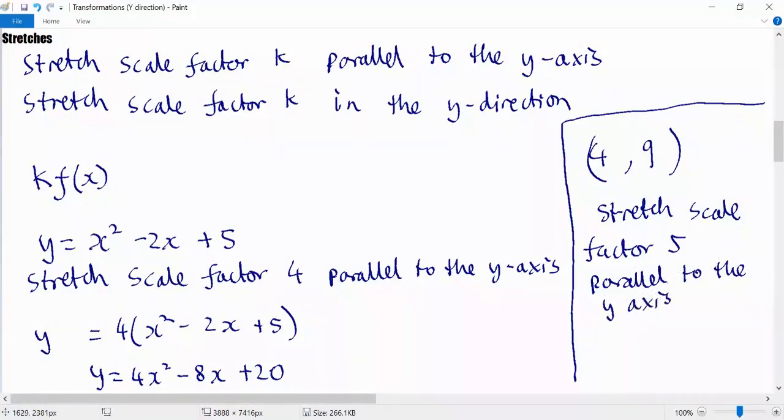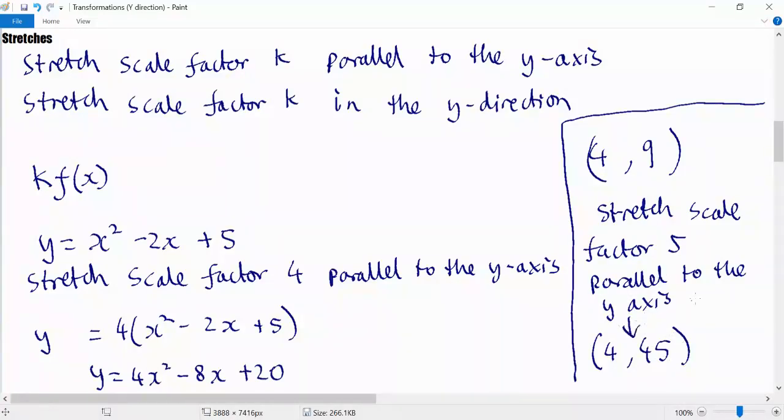Once again, the wording gives a clue of what we're doing, as well as the action we actually did to the function. A stretch is a multiply, so if we have a stretch scale factor 5 parallel to the y-axis, that literally just means we're going to multiply the y-coordinates by 5. X-coordinates, it's a y-direction transformation, so they're not going to change. It's just the y-coordinates. So 9 is going to get multiplied by 5 to get 45, and then boom, that is your final answer.